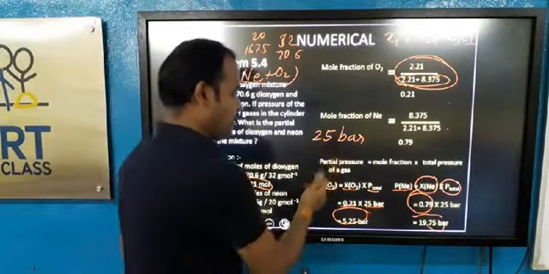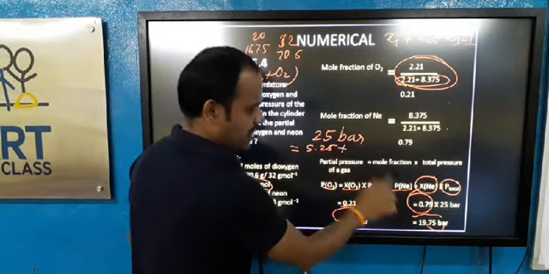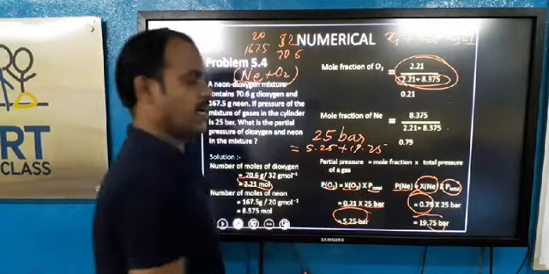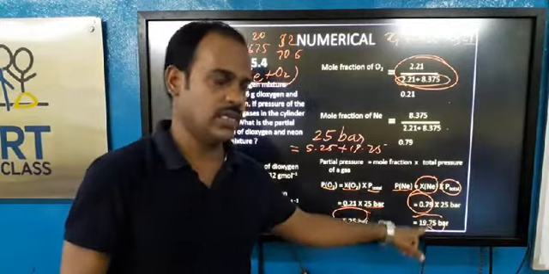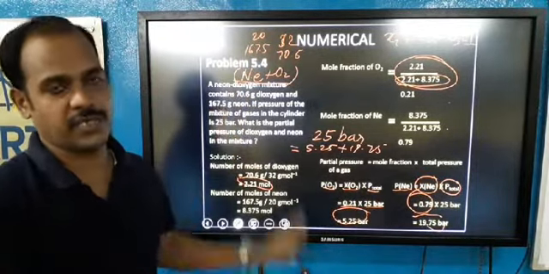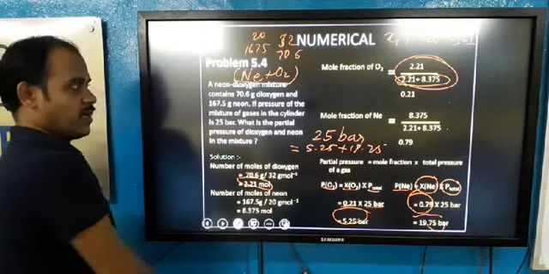So this 25 is equal to 5.25 plus 19.75. So here again, the partial pressure of oxygen and the partial pressure of neon: if you add these two partial pressures, you can find the total pressure of the mixture. In this way we can solve numericals for partial pressure of gases.